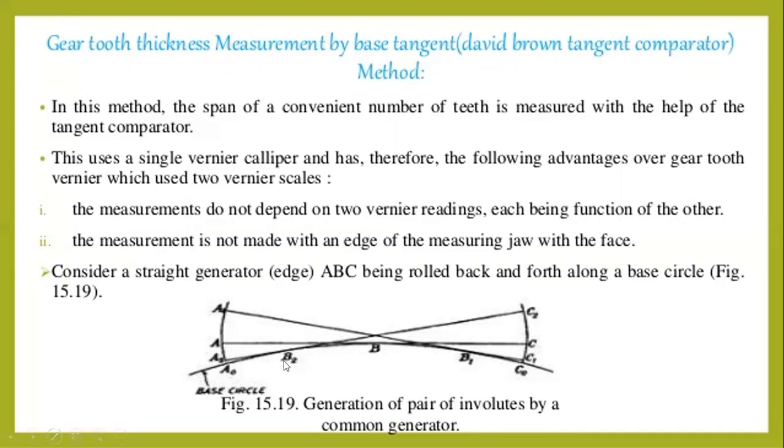So this is the straight line which is on the base circle. So you have to take the point from the base circle.